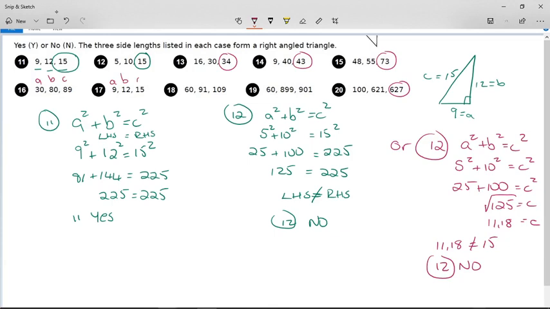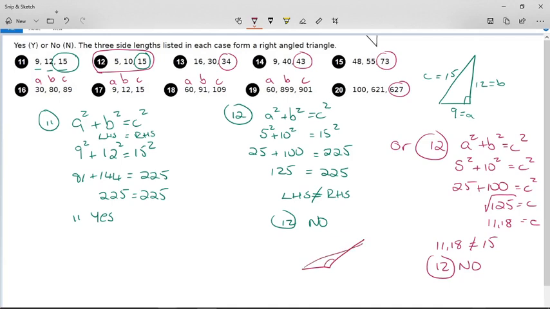And then you try Pythagoras' theorem, and if a squared plus b squared equals c squared, then yes, the triangle is right angled, and if you were to draw it to scale, you would find it would work. But for instance, if you drew this triangle number 12 with a side of 5 and a side of 10 at right angles, there's no way you could put the other side as 15 unless you made the one angle over here obtuse.